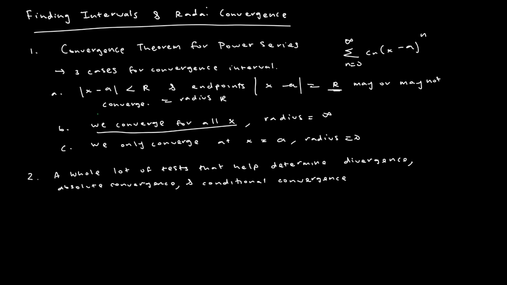And so let's just do a lot of problems relating to finding out these properties. So let's just get into it. The first problem is, so all of these problems is: find values for x where the given series converges.